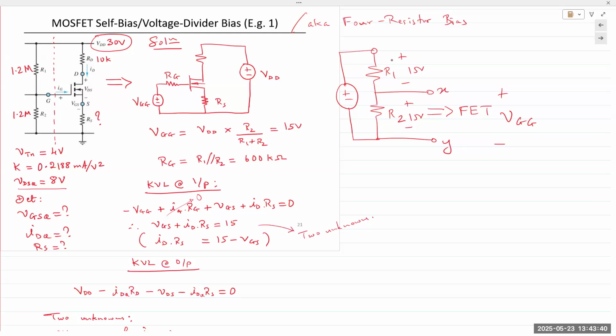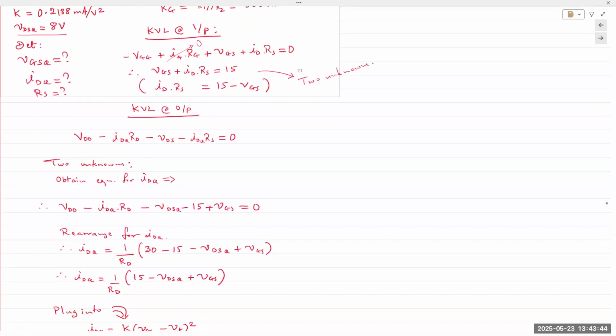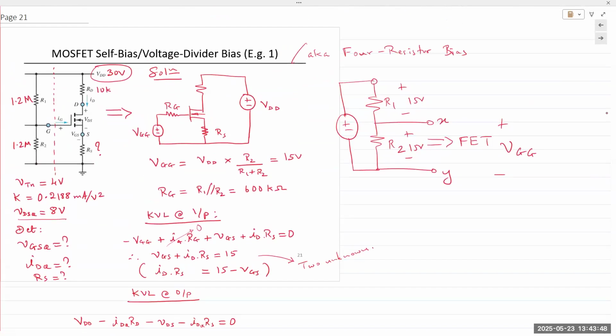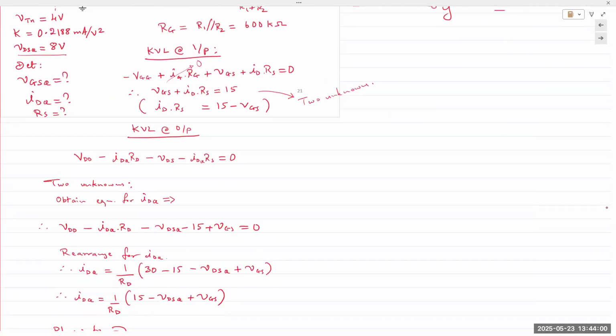And we apply KVL at the output side. On the output side, we have 4 voltage drops. We have VDD, we have IDRD, we have IDRS, and we have VDS. So VDD minus IDRD minus IDRS minus VDS should be equal to 0.